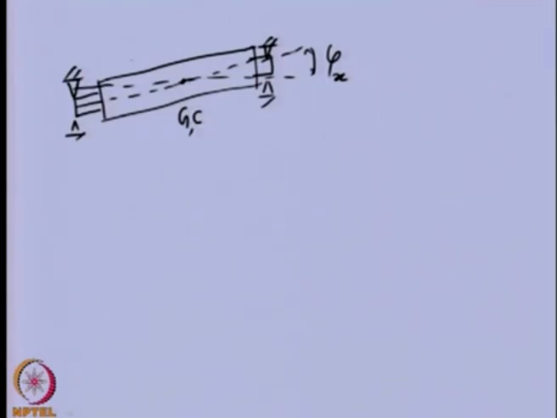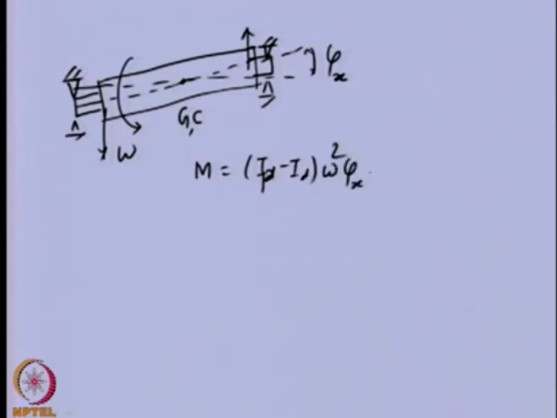When this rotor is rotating with some RPM, there will not be any centrifugal force, because the center of rotation and center of gravity are at the same location, but there will be a moment because of this inclination, and that moment will be (IP minus ID) omega square times the angle of the rotor axis with respect to the bearing axis.